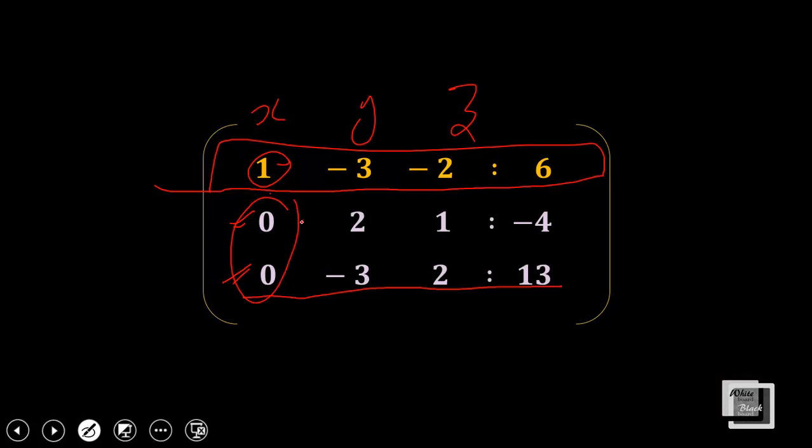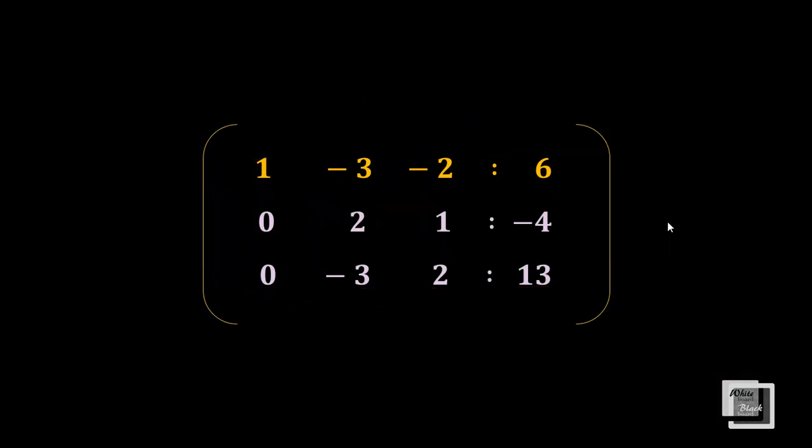So we will shift to second unknown. Now second unknown has the non-zero coefficient. Now we have a smaller subsystem, that is 2, 1, minus 4, minus 3, 2, 13. And we will again apply the step 1 of elimination method to reduce the smaller subsystem in the echelon form.